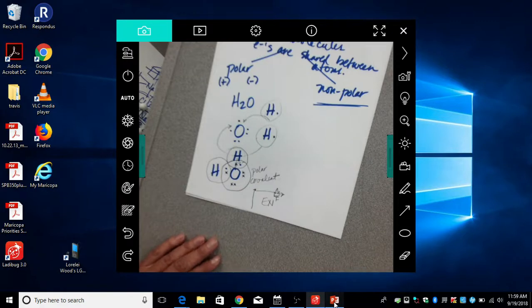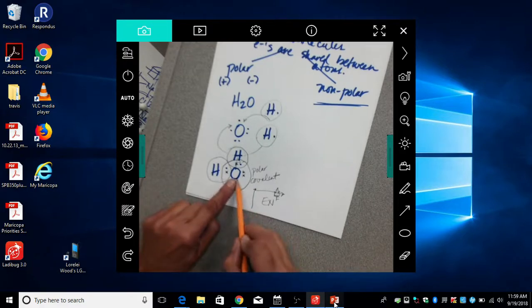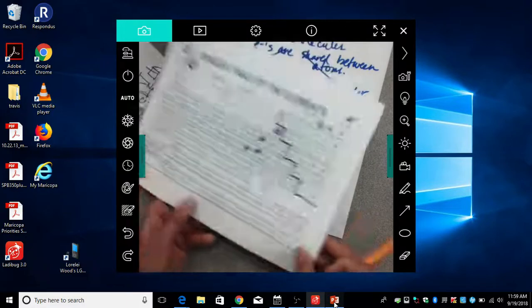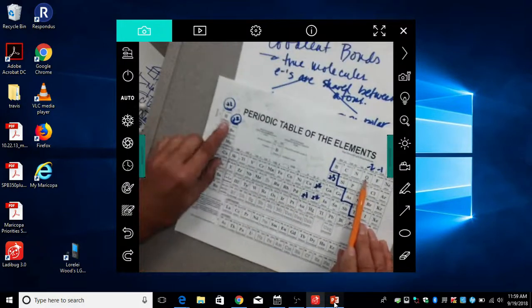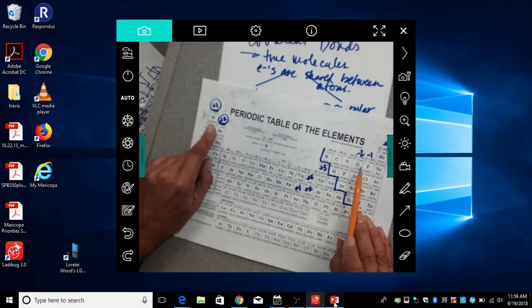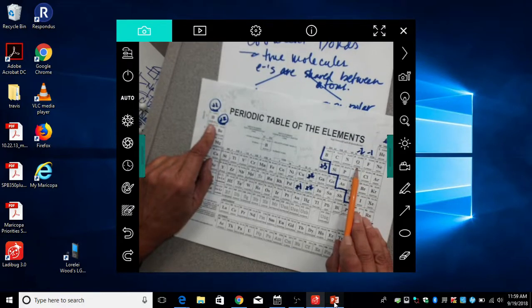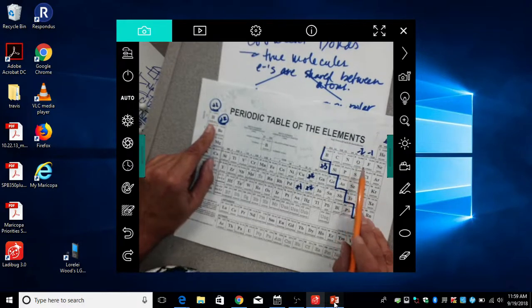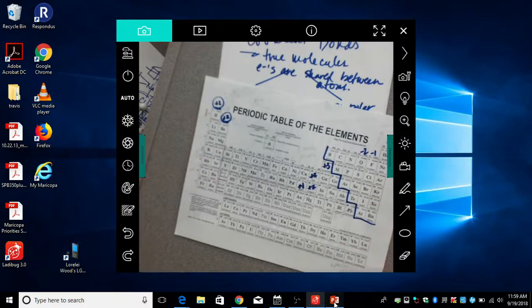If we look at oxygen and hydrogen on the periodic table, there's oxygen, and hydrogen's over here. Who's going to be more electronegative, hydrogen or oxygen, based on that trend? Oxygen's going to be way more greedy. So oxygen is more electronegative, which means it has a higher electron affinity.